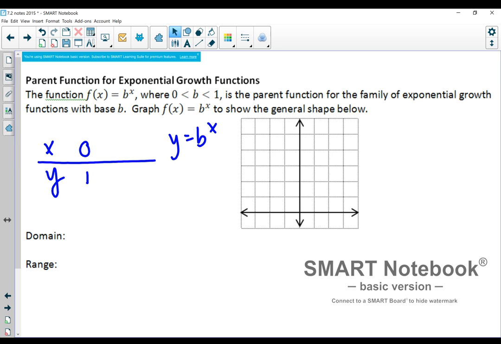By fraction, I mean like 1/2 or 1/3, something between 0 and 1. When x is 1, y is going to be b, a smaller number. So I have (0, 1) right here, and then b is between 0 and 1. And so my graph is going to go like this. The graph is going to fall from left to right.